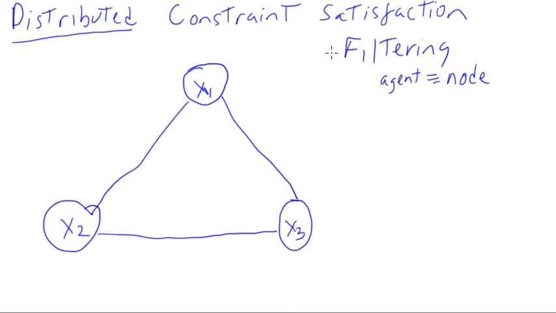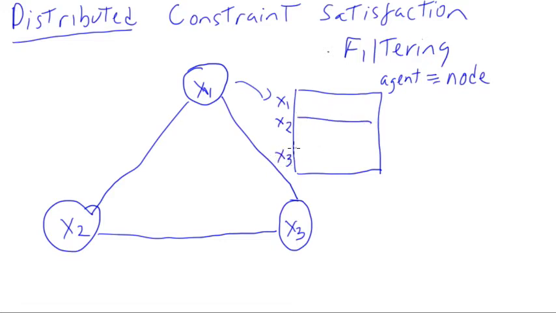Okay, filtering. How does it work? The basic idea is each one of these agents has a table. So x1 is going to have a table over all its neighbors, in this case x1, x2, and x3.